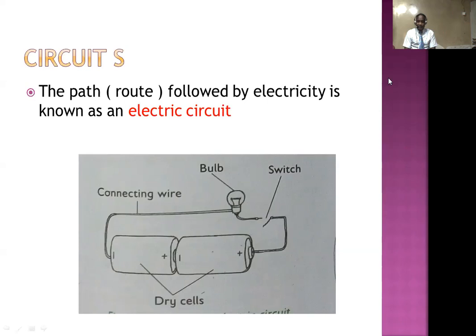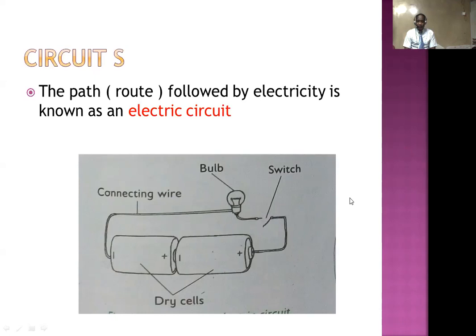This electrical path is made up of a source of electricity such as dry cells, we have a bulb, we have connecting wires, we have a switch. When these parts are connected well, that is source of electricity, that's a dry cell, a bulb, connecting wires, and the switch is closed, the bulb lights.